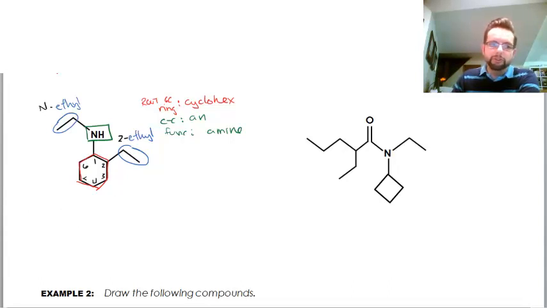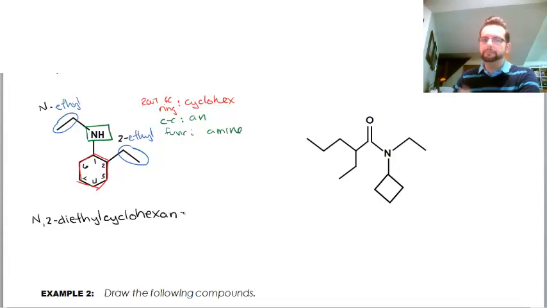So where are those ethyl groups? On the nitrogen of my amine, carbon 2. Diethyl, because I have two ethyl groups. That's my prefix. Cyclohexanamine. This is N,2-diethylcyclohexanamine.